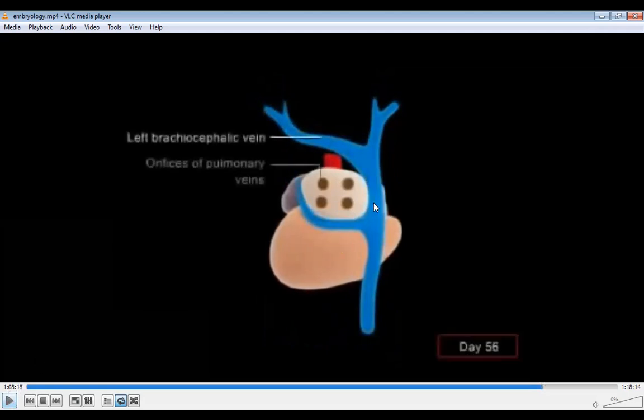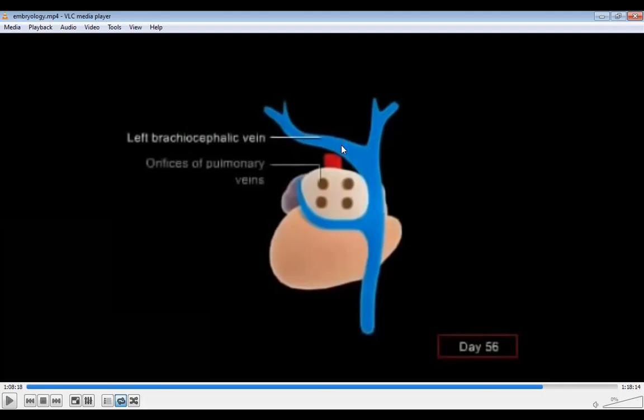Now this one is the right horn over here. This was the left horn, which will form the oblique vein of the left atrium and the coronary sinus, and this one is the right posterior. This was the right horn. Over here, what was entering was the anterior and the posterior cardinal vein.